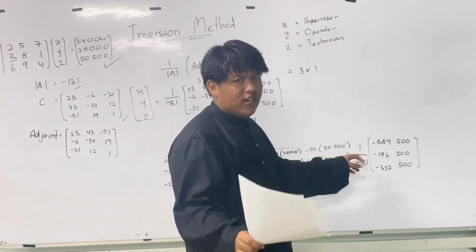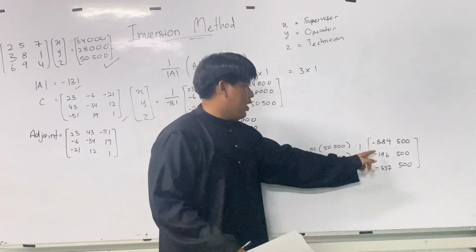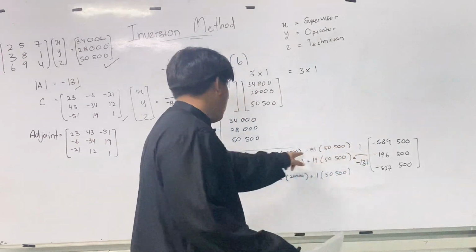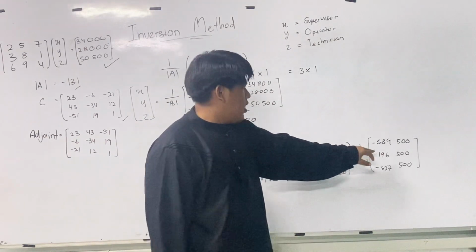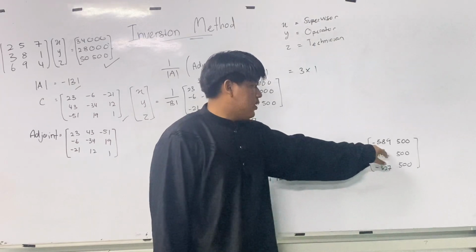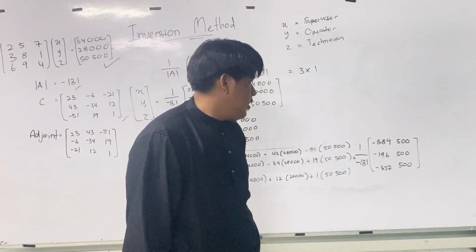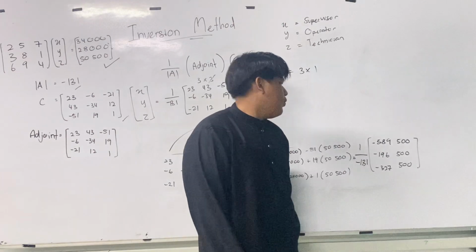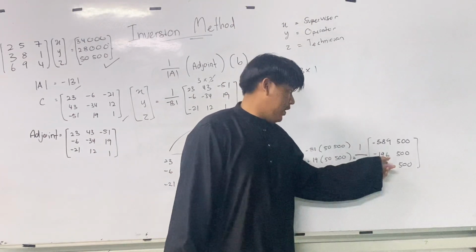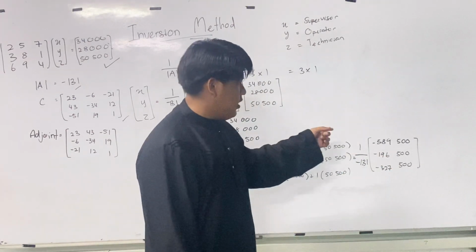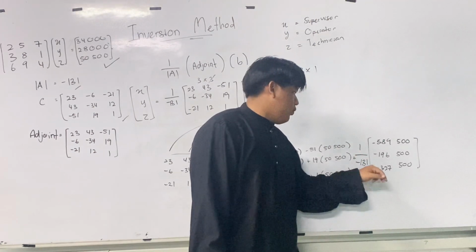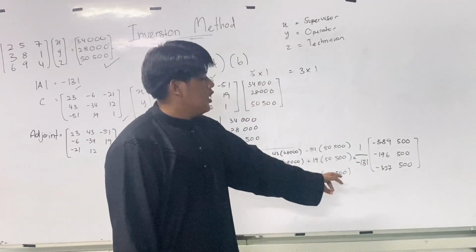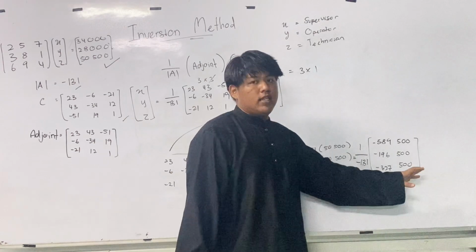So we get for X negative 589,500. And then for Y we get negative 196,500, and for Z we get negative 327,500.